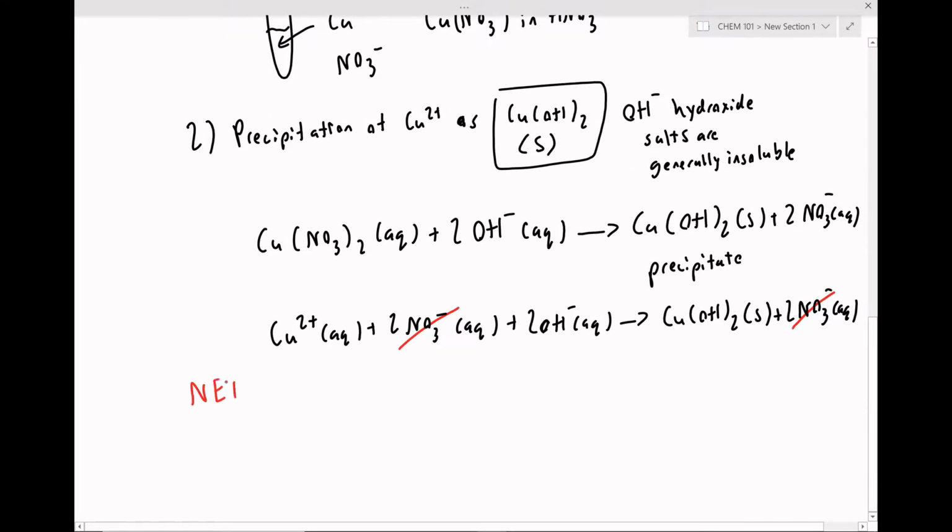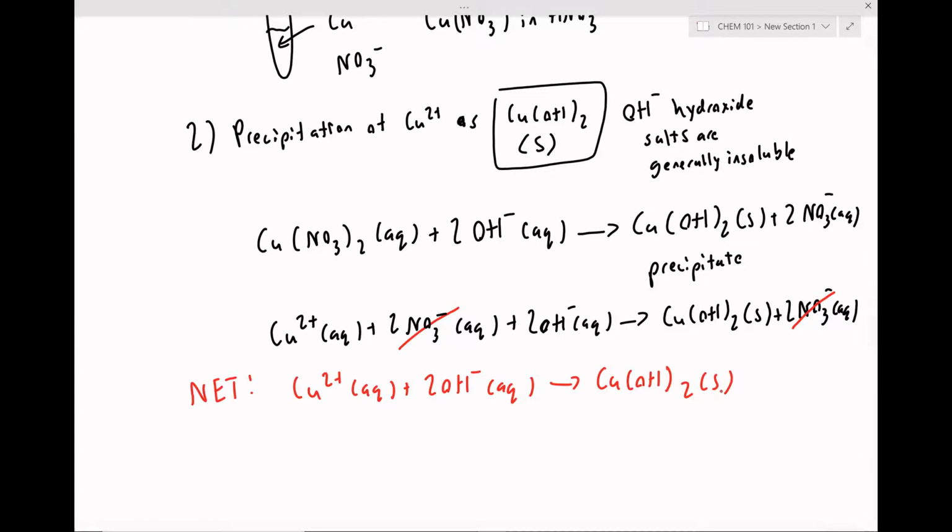So our net ionic equation for this process is copper 2 plus aqueous plus 2 OH minus, 2 hydroxide ions, leading to copper hydroxide solid. This is a textbook net ionic equation for a precipitation reaction.